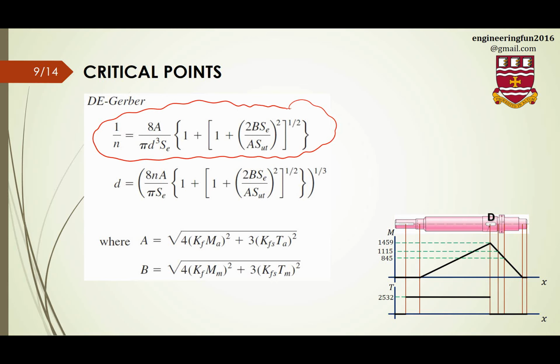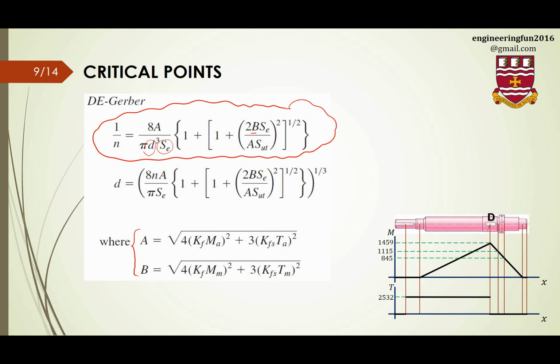In this equation, n is a function of endurance strength and diameter. The amounts of B and A can be found from these two equations.